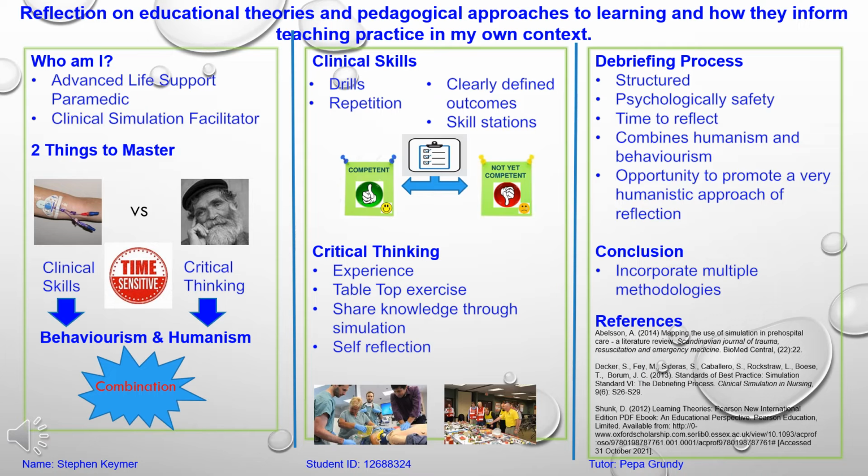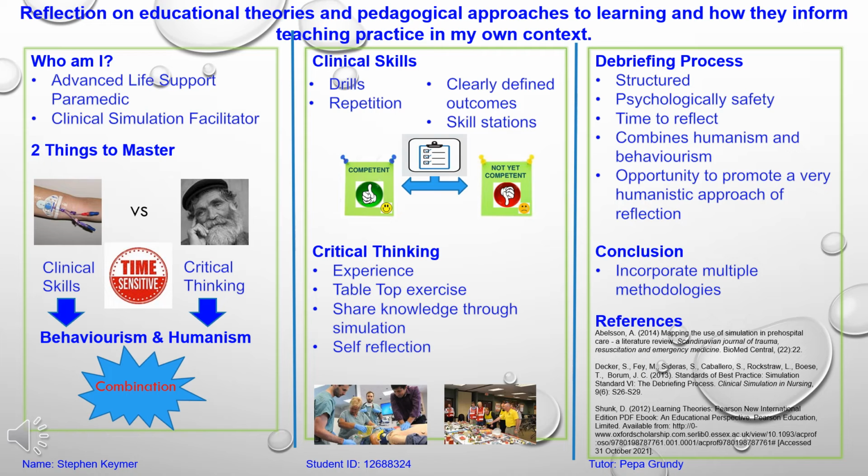During the simulation process, if any issues regarding the performance of skills are identified, these are then discussed in a very humanistic manner. This method affords the learner the opportunity to have both a humanistic and behavioristic approach to skill learning. As mentioned previously, a formalized debriefing process is usually performed. This is done in a manner that creates a psychologically safe environment.